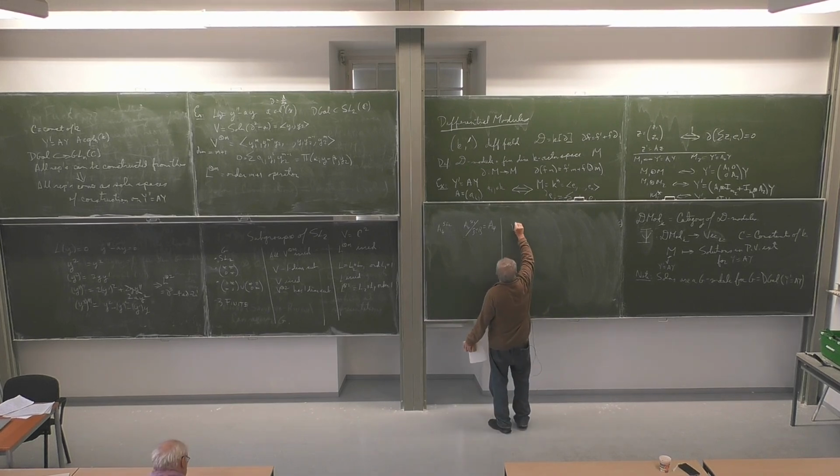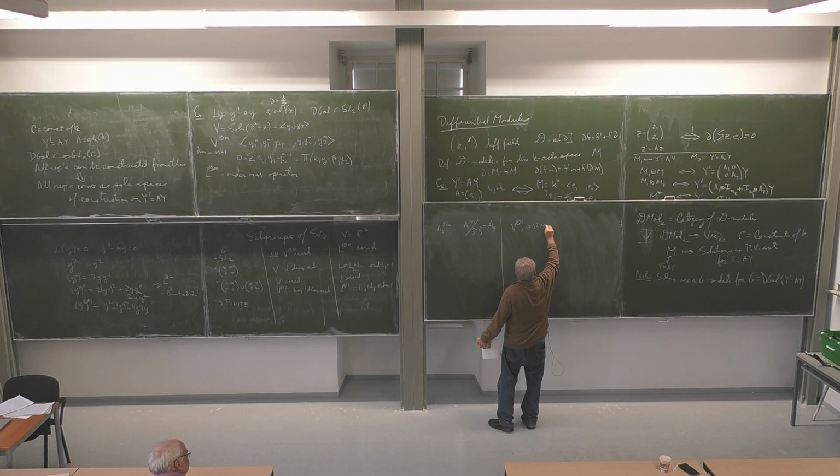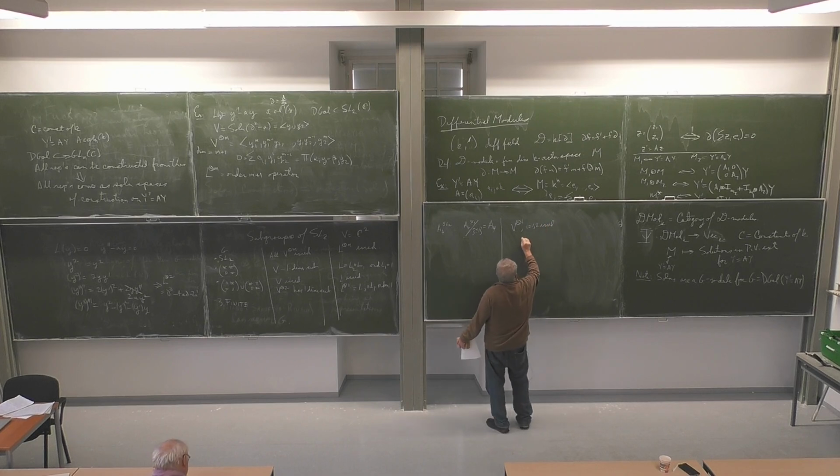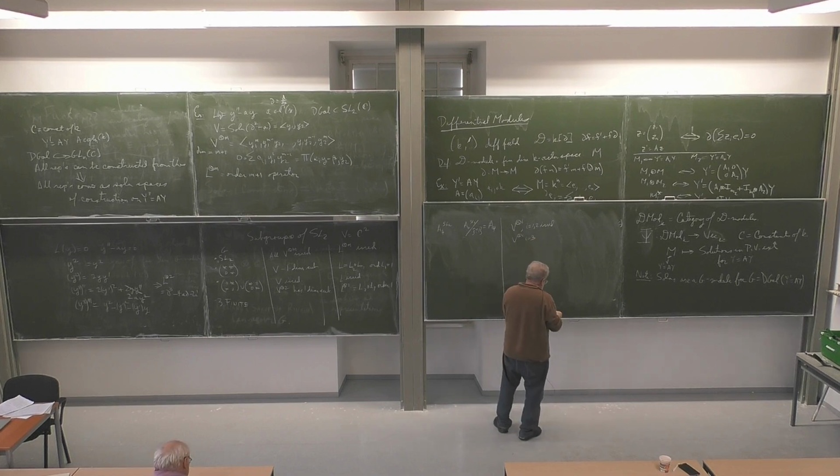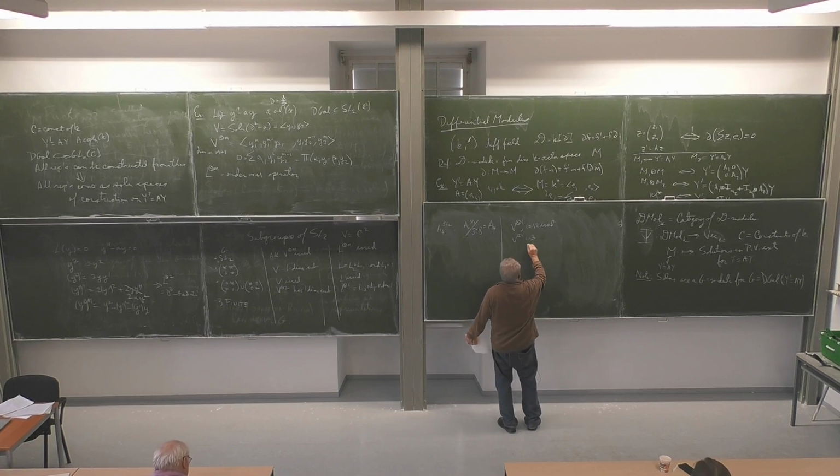Here, the symmetric powers for i equals 1 and 2, these are irreducible, but for i equals 3, you get irreducible two-dimensional submodules.